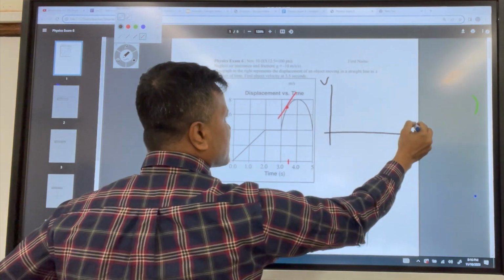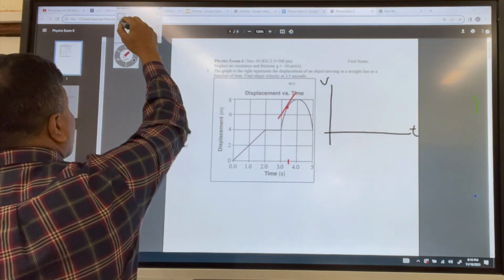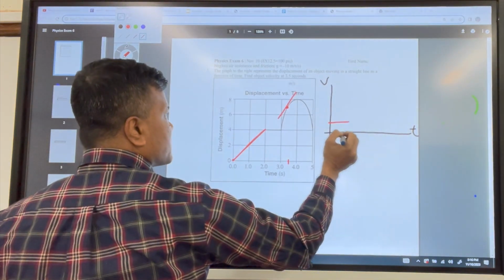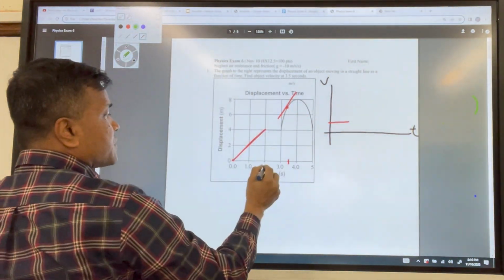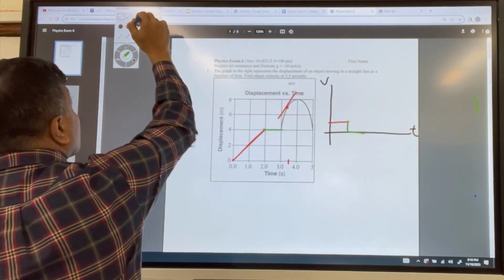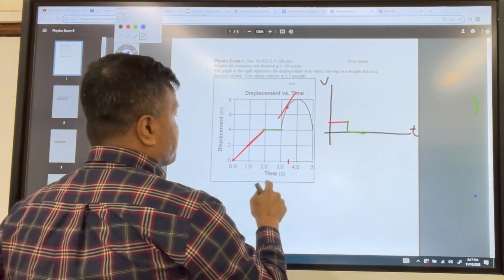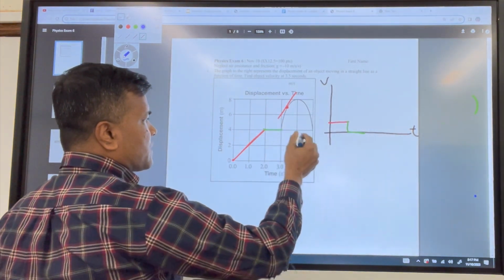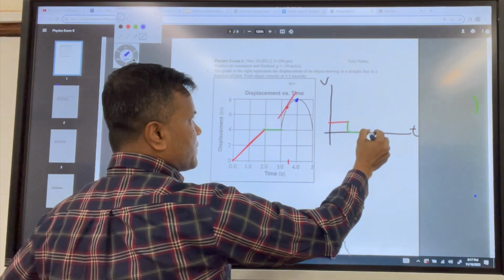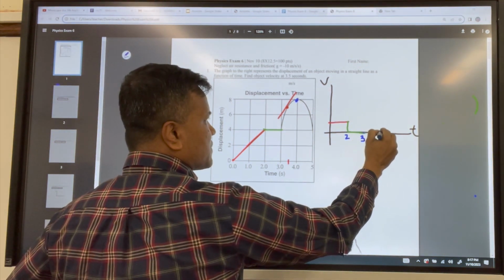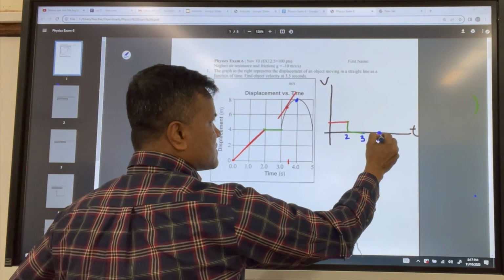This is your BT graph, and you know that from 0 to 2 seconds your velocity is 2 meters per second, and from 3 to 4 seconds you don't know your velocity because there are so many velocities, but at 4 seconds you know your velocity is 0.